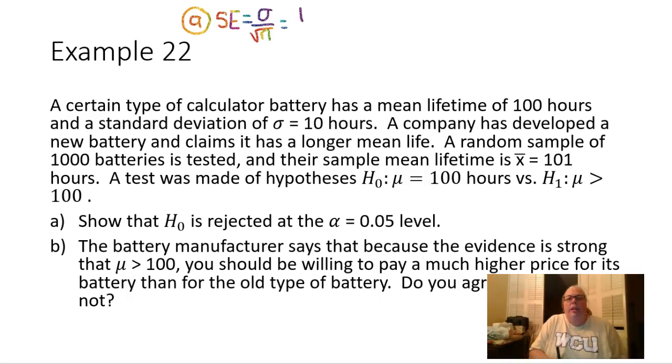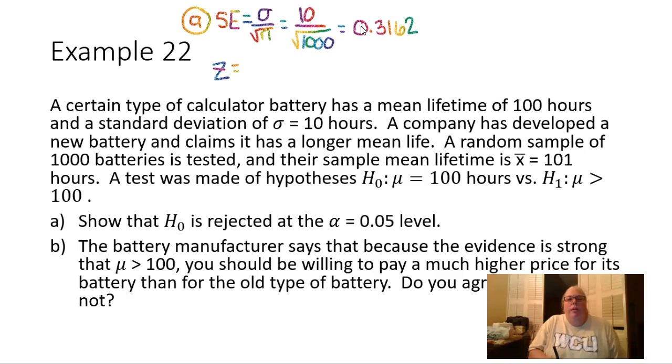In our case, that's 10 divided by the square root of 1,000, because we've got 1,000 batteries. Let's put that in the calculator, and this is giving me 0.3162.